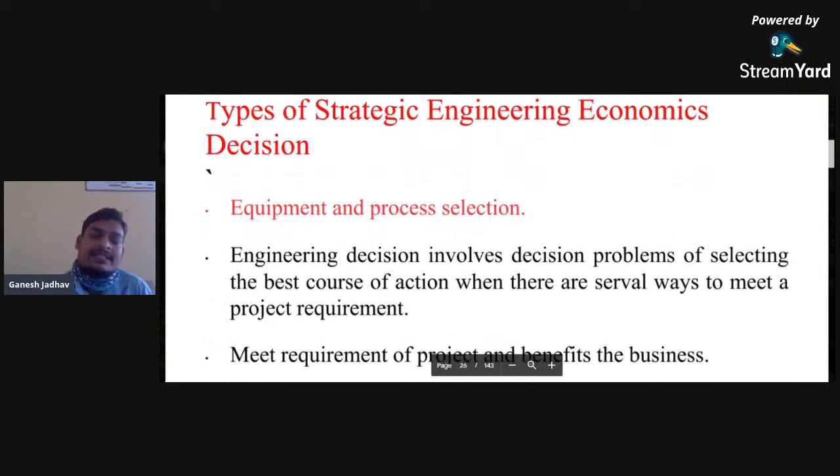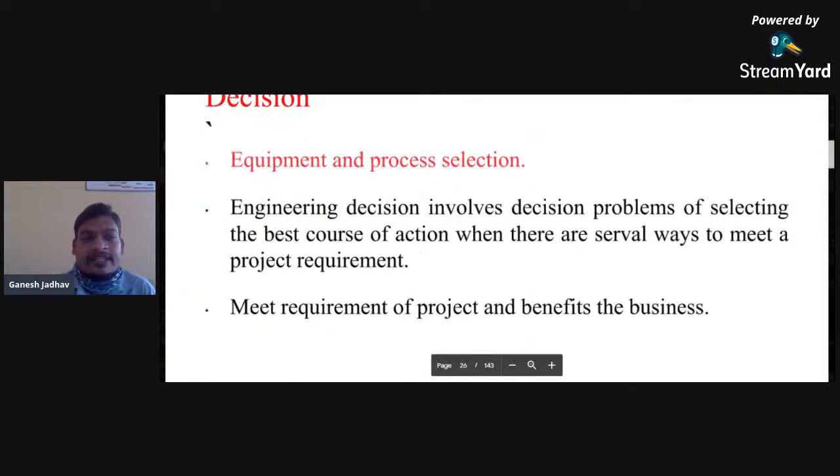Then another one is equipment and process selection. Equipment means whatever we require in any engineering decision. It involves the decision problem of selecting the best course of action. There are several ways to meet the project requirement, so as per the project requirement we require the equipment also.